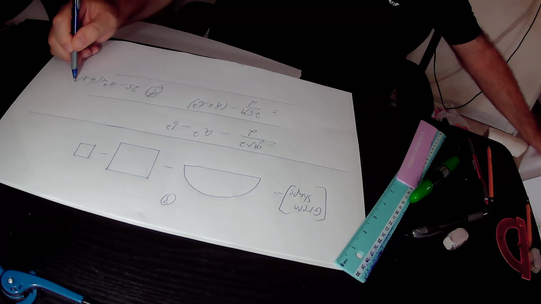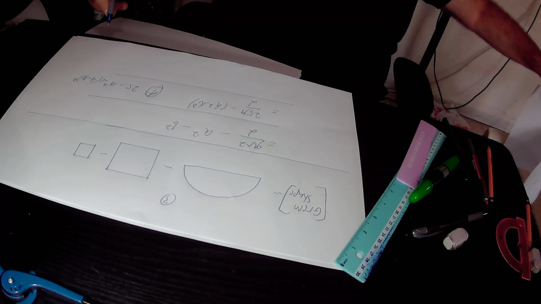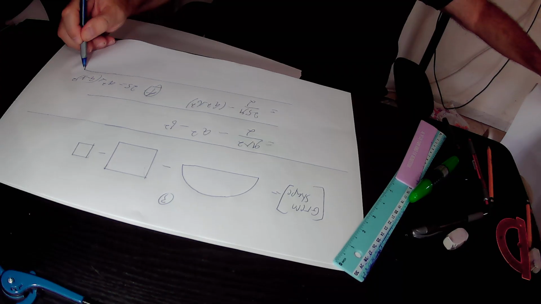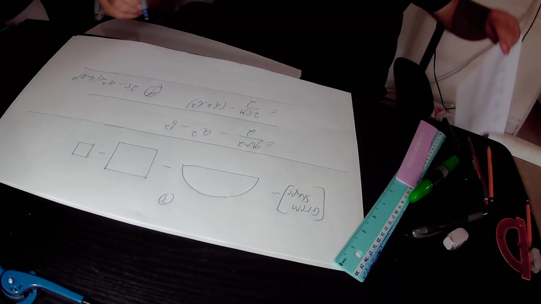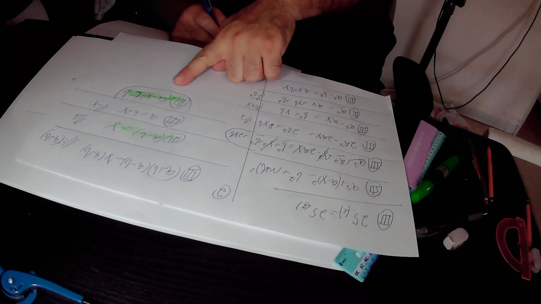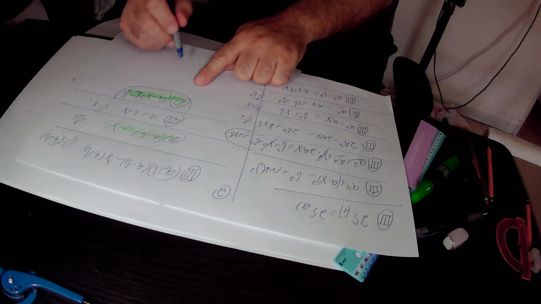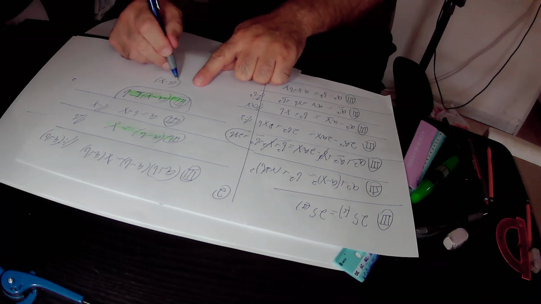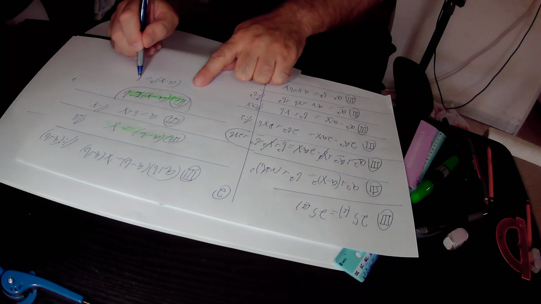Repeat again, according to equation 1, we have already found out that 25 equals A squared plus (A minus X) squared. We have also found out that A minus X equals B. If A minus X equals B, it means that (A minus X) squared must be equal to B squared.